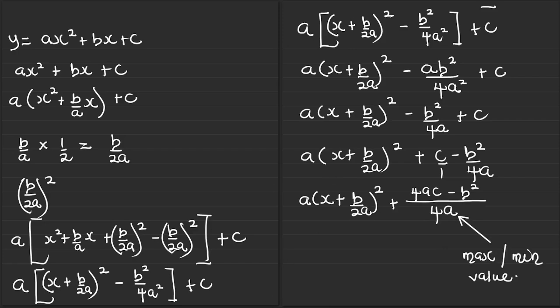And then for this particular one, if you are to take what you have in the bracket, x plus b over 2a, and you equate it to 0, you get your x being what? Negative b over 2a. If you have been following this course, you realize that we use this to determine the axis of symmetry. You see, so the axis of symmetry is simply the x coordinate of your maximum or minimum value, and this one gives you the y coordinate. So you can get the vertex, the axis of symmetry, and the maximum or minimum value all from this.